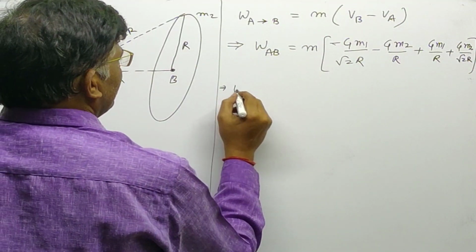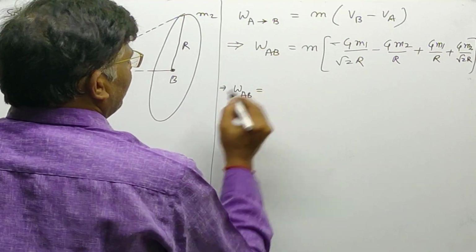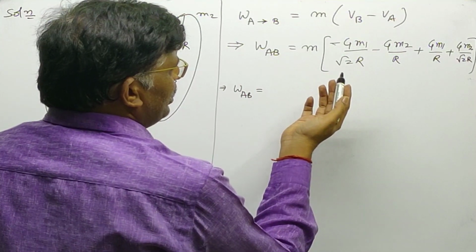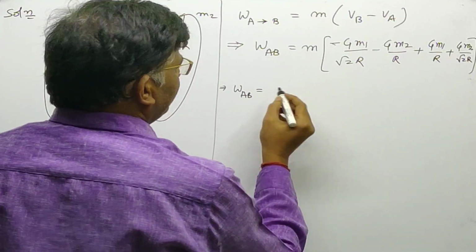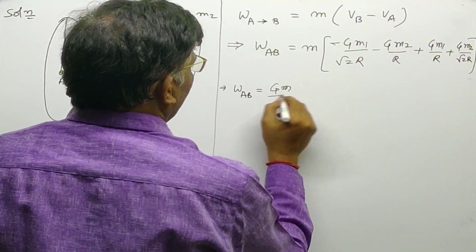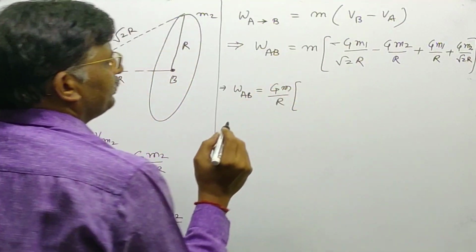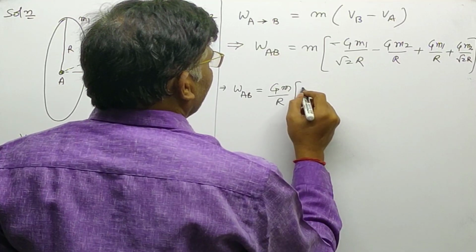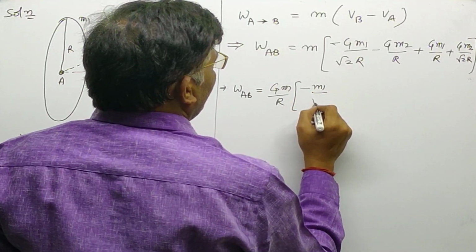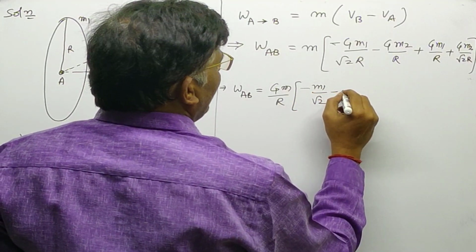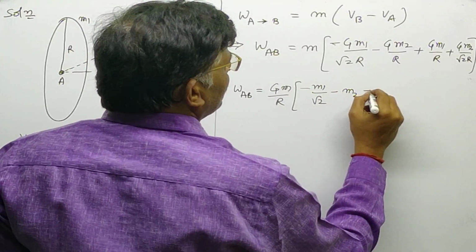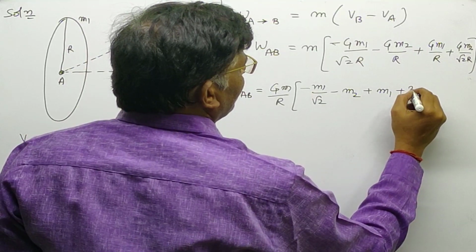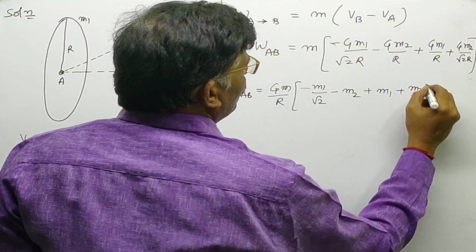So the work done from A to B is equal to, observe the bracket here, Gm by R, you can take it as common. So Gm by R into minus M1 divided by root 2 minus M2 plus M1 plus M2 by root 2.